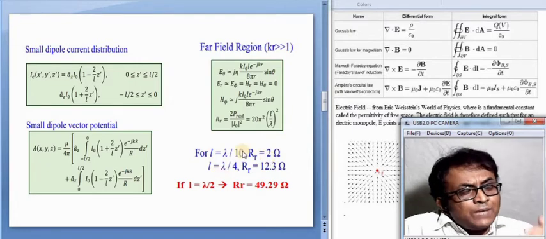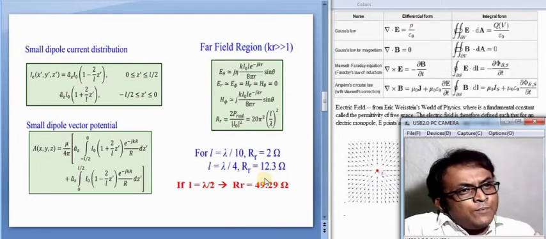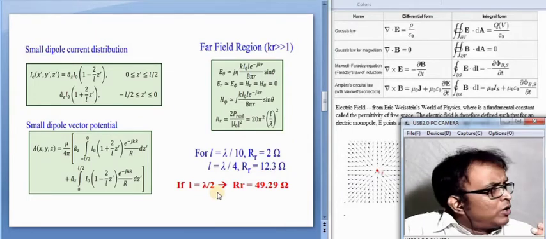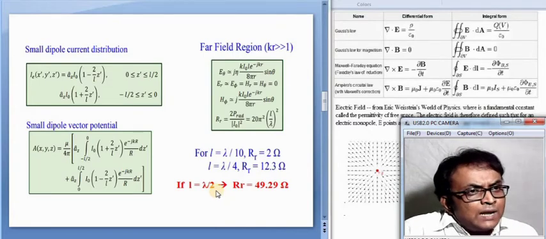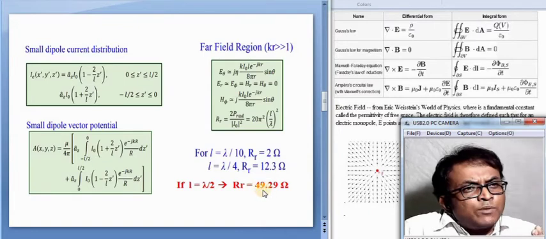If in the same calculation we put this ratio as lambda by 4, that is a quarter of the wavelength, the resistance will increase to about 12.3 ohm. Similarly, for the half-wave dipole antenna, when the length of the wire becomes lambda by 2, the radiation resistance is far improved, near about 50 ohms.